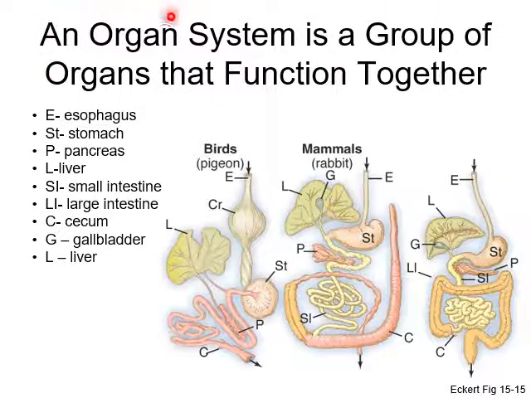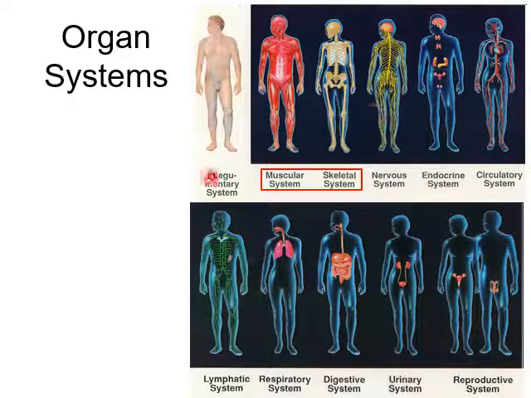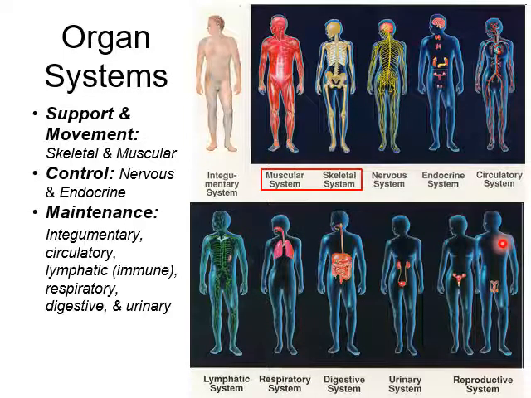And then multiple organ systems put together make the full organism. But again, if we were in class, I would have had you guys give a refresher on the different organ systems. Many of these systems are here to help maintain homeostasis.